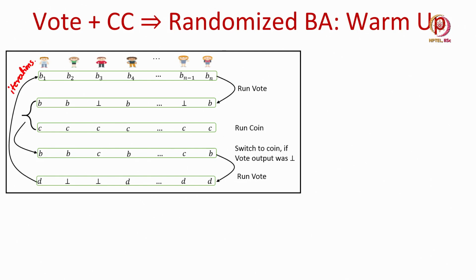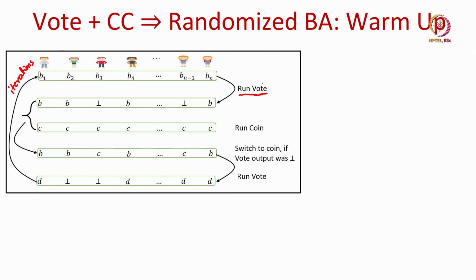In every iteration the parties do the following: they first run an instance of the vote protocol to check whether all the honest parties have the same input, and depending upon that the parties output either a bit or the bot value.